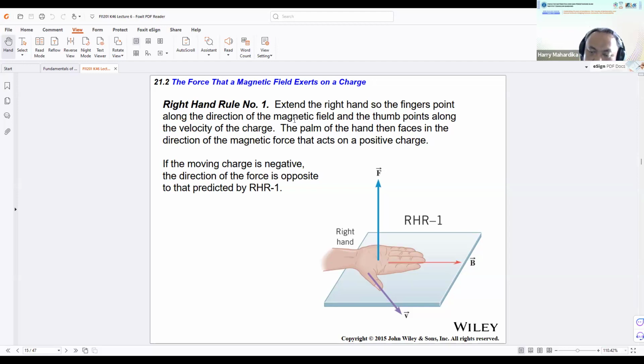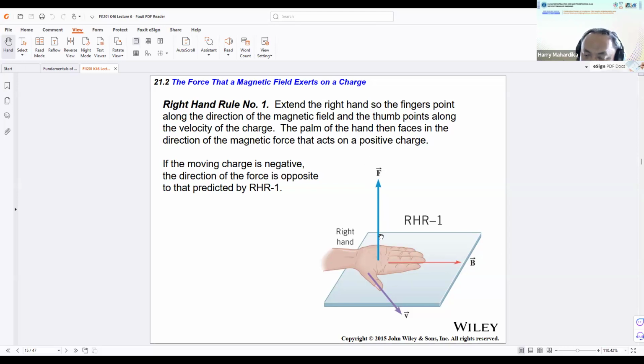So in order for us to solve the direction of the magnetic force, we can use our thumb as the direction of particle velocity or the particle motion, and then our index finger for the direction of the external magnetic field, and then the inside of our palm will be the direction of F.